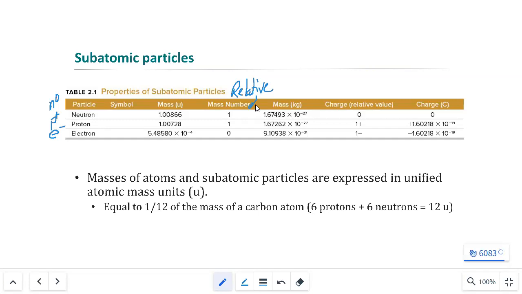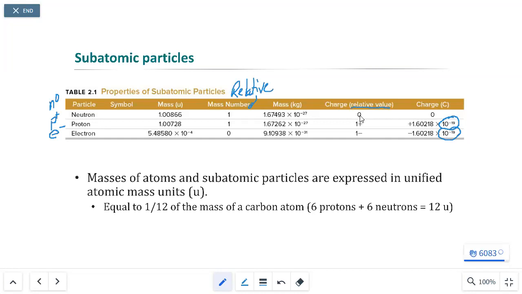From a charge standpoint, we can see that the charge on the neutron is obviously 0, and the charges on protons and electrons are equal, yet opposite. But instead of monitoring charge in terms of these really small numbers, I mean, we're talking 10 to the negative 19th here in terms of charge, we're again going to go with a relative value of charge.